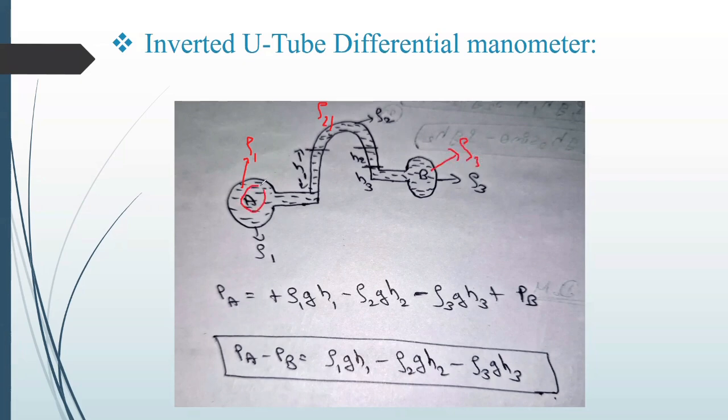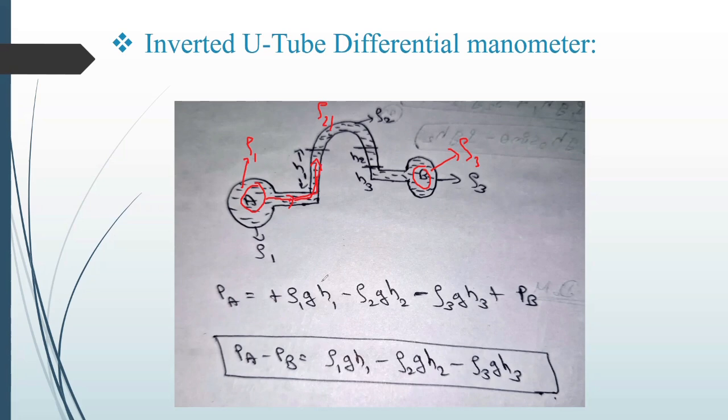This is the pressure A, this is the pressure B. After opening the knob, what will happen? The liquid will flow and start to rise because it is in the inverted shape. Earlier it was not in the inverted shape, so the liquid was going downwards. But here the liquid is going upwards because of the inverted shape. The pressure is applied here and it starts to rise.